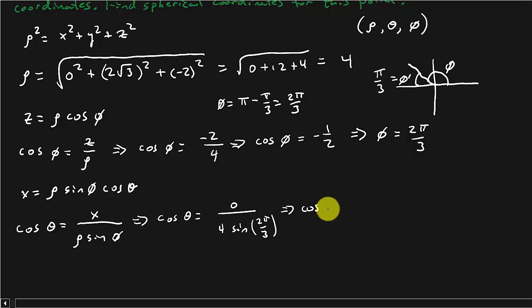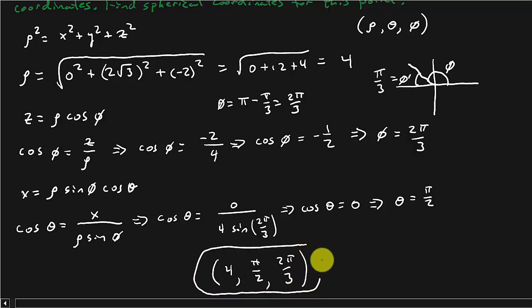That means cosine theta is equal to 0, which tells us theta is equal to pi over 2. And so there you have it. Your spherical coordinates are 4, pi over 2, and 2 pi over 3. So there's the answer to that one.